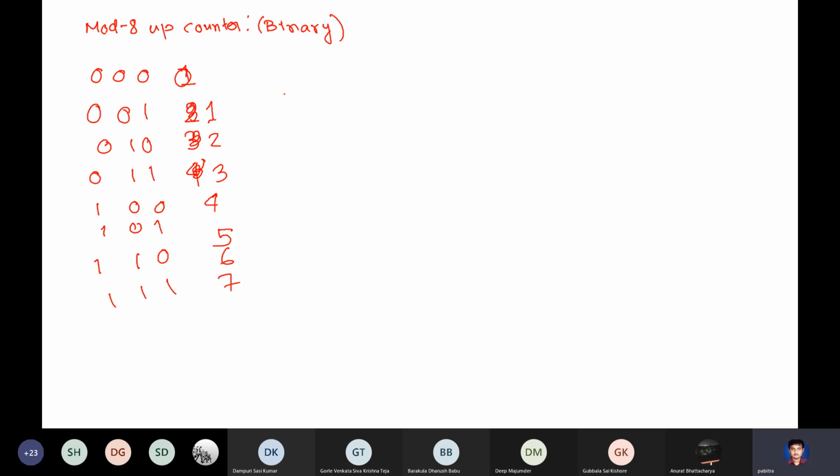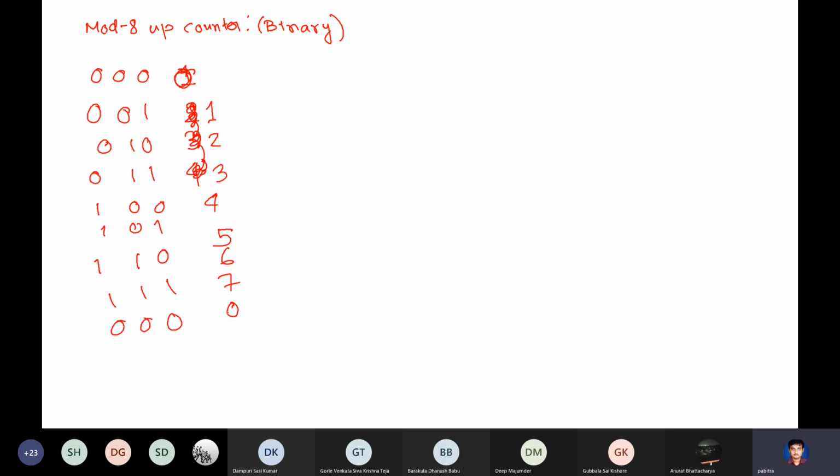Okay, so if it is a binary counter, if my flip-flops go through these values and I do a binary to decimal conversion, then my output will look like 0, 1, 2, 3, 4, 5, 6, 7. It will look like this. And then again back to 0.